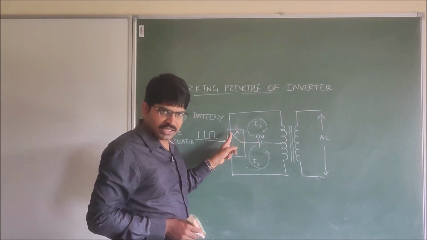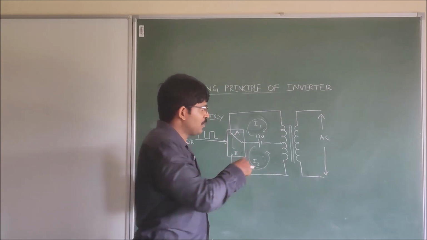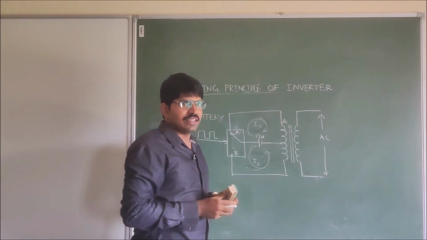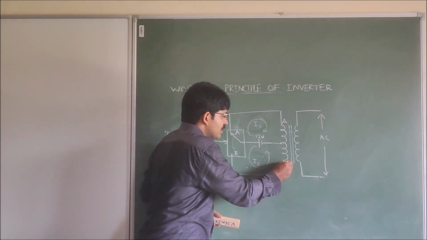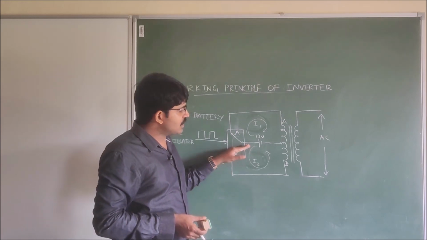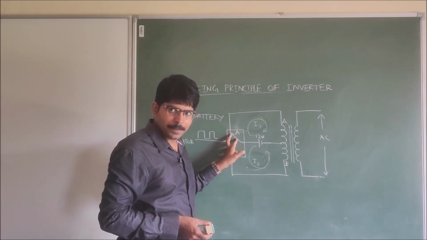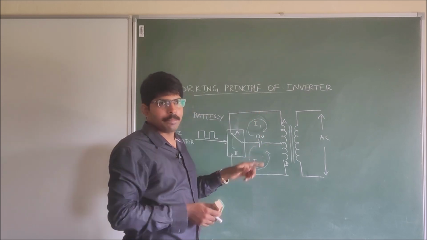Here there is a switch which is connecting the terminal A. Terminal A is this point of the primary winding and terminal B is this point of the primary winding. If the switch is connected to point A, then the current direction will be in this way.